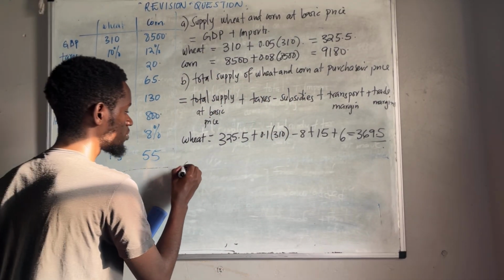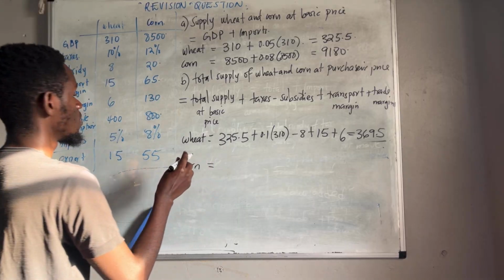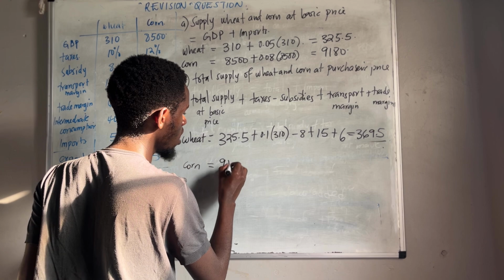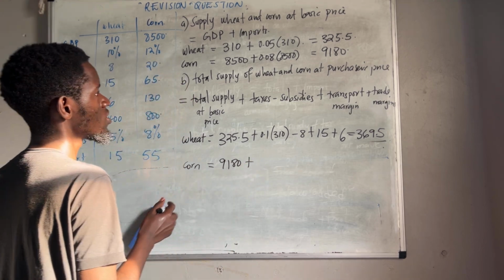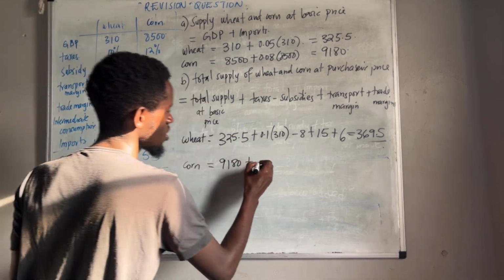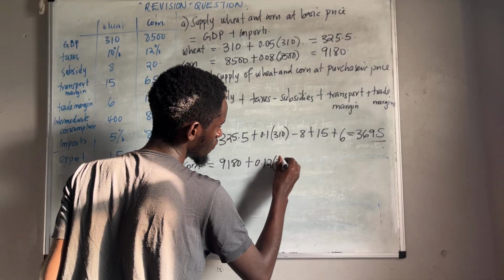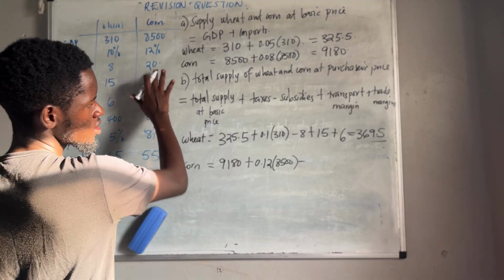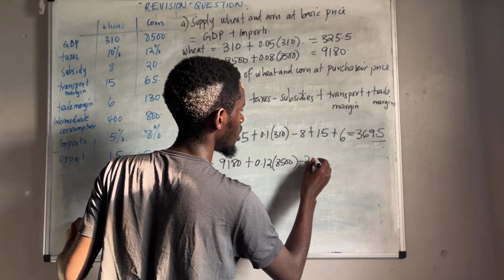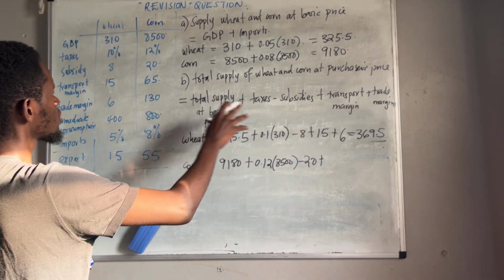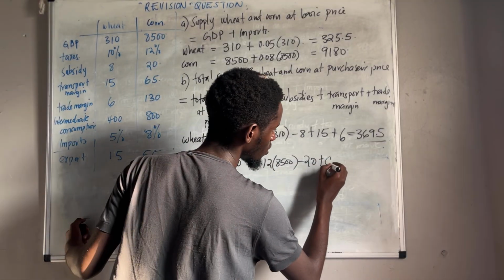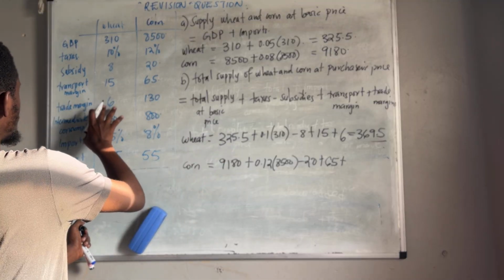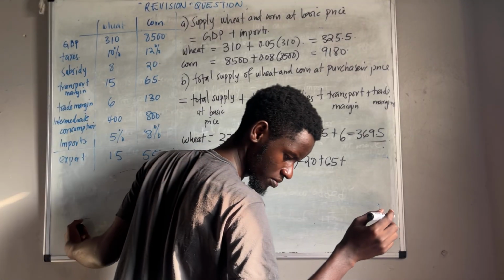And then for corn, again our total supply at basic price is going to be 9180, plus the tax, which is 12%, 0.12 of 8500, minus the subsidy, which is 20, plus the transport margin, which is 65, and then lastly plus the trade margin, which is 130.